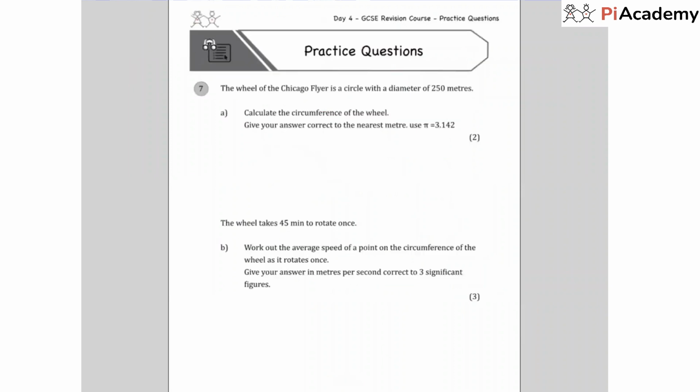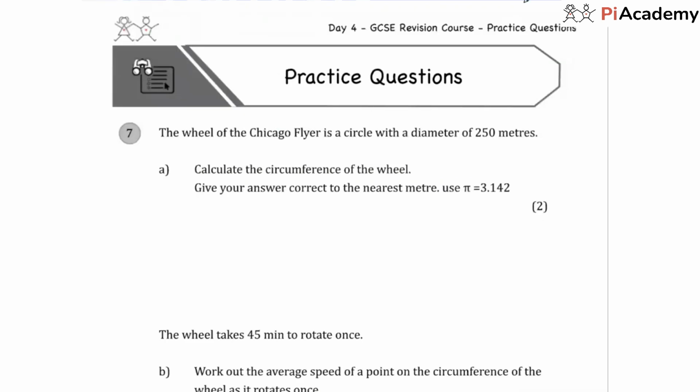Now, here you go. The wheel of the Chicago flyer is a circle with a diameter of 250 meters. Calculate the circumference of the wheel. Give your answer to the nearest meter. Use pi is equal to 3.142. Can you do that?